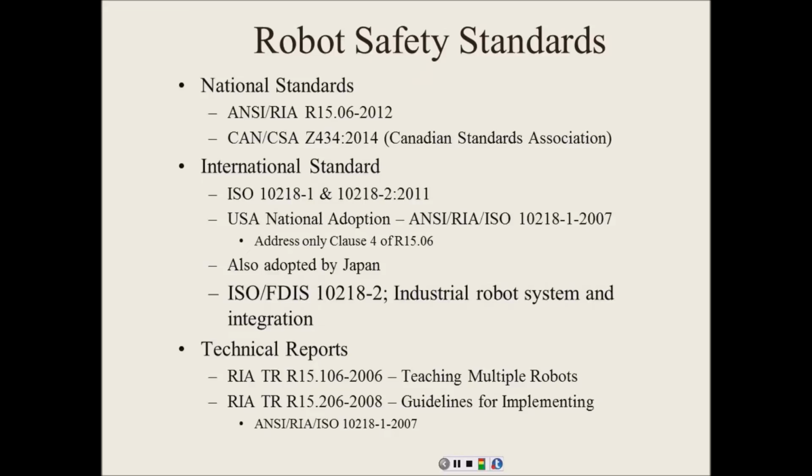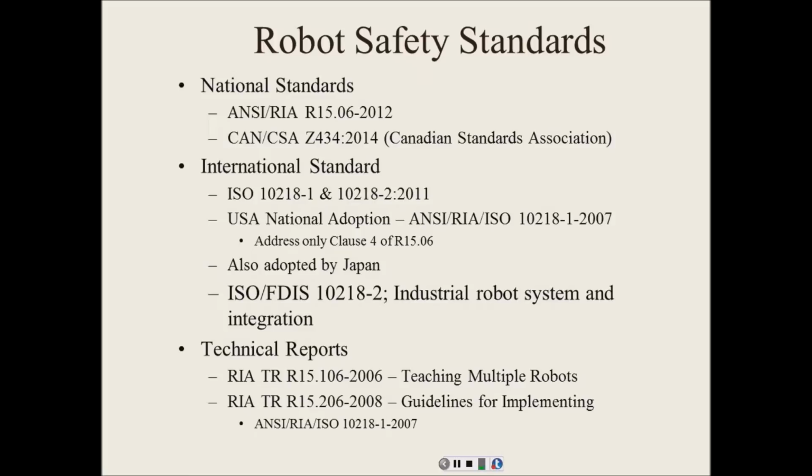These are robot safety standards. The main one originally started out with the Robot Industries Association, what they call the R15.06. So most people just call it the 1506 standard. This was adopted by the American National Standards Institute, which is referred to as ANSI. Canada has a standard.